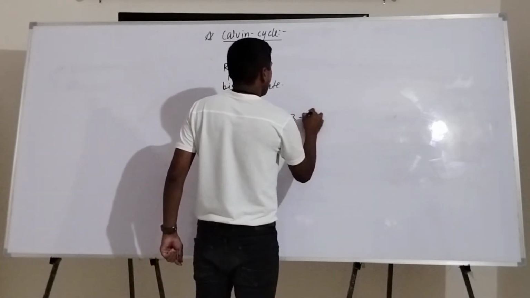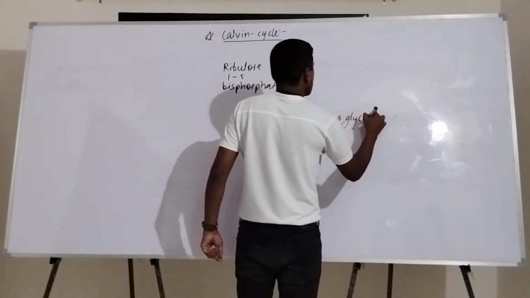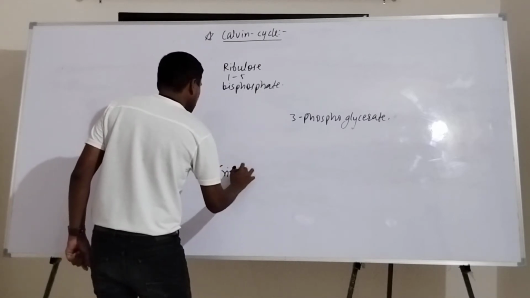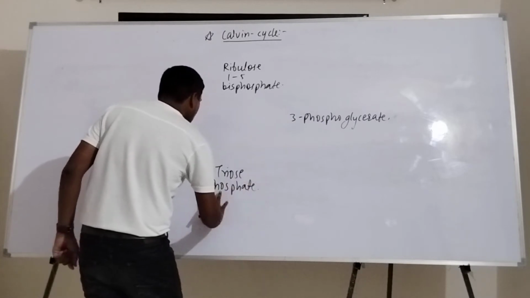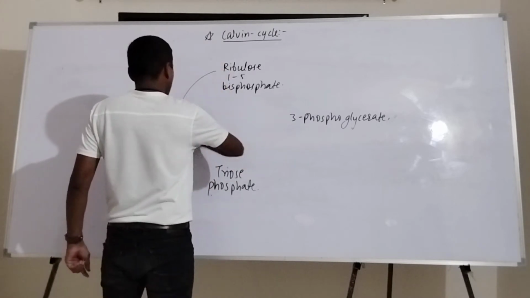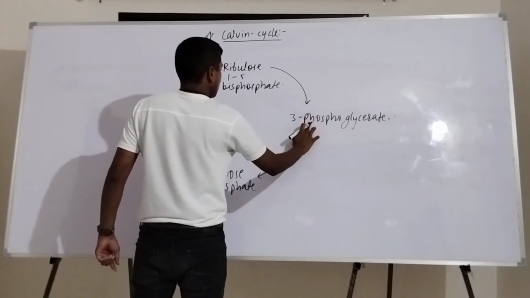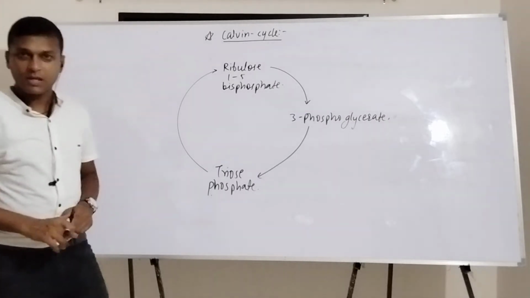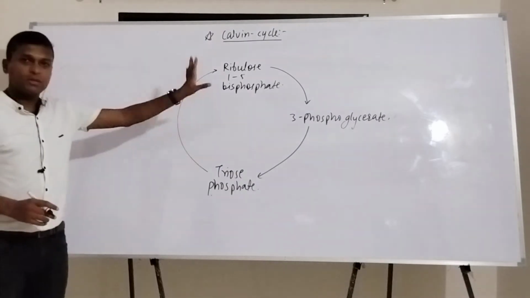Then there is 3 phosphoglycerate. Then there is triose phosphate. These are the 3 compounds given in NCERT.